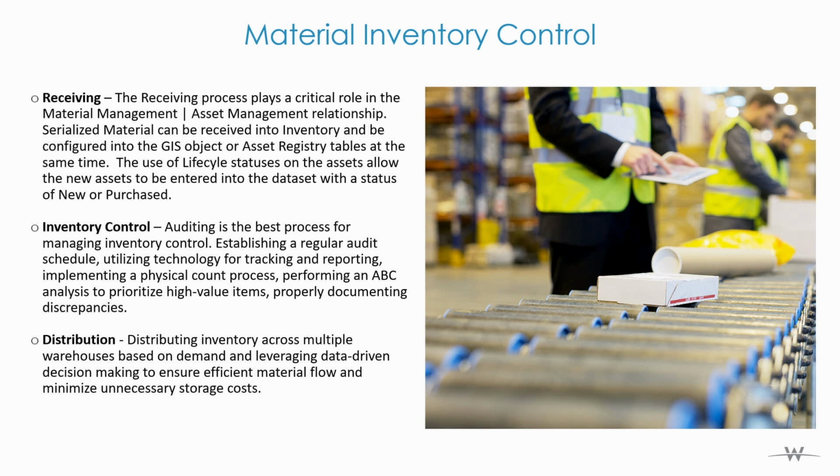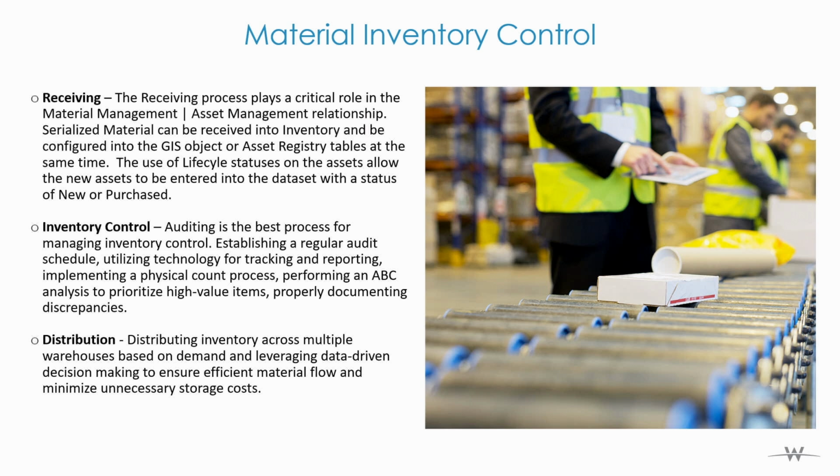And if you're not using a GIS-centric asset management plan, you can put it into your asset registry, whether it's GIS or not. I'm familiar with using a process that automatically takes that serialized meter, puts it into inventory, and also puts those serial numbers as an object in an object table. And it's ready for me to use in the work, right?